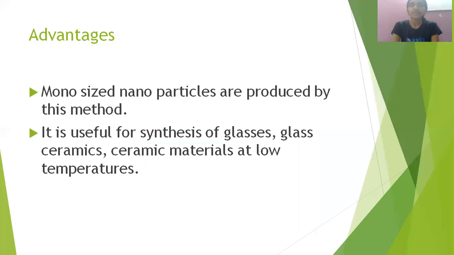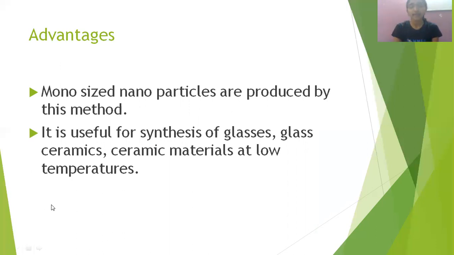Now let us see what are the advantages of this sol-gel process. Through this sol-gel process, we are going to produce mono-sized nanoparticles. At the same time, we can synthesize glasses and ceramic materials at low temperatures.